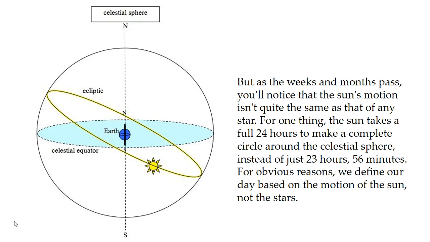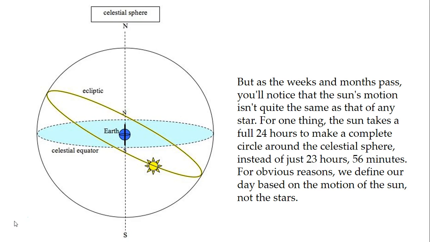One thing that you have to know is that the sun takes a full 24 hours to make a complete circle around the celestial sphere, instead of the 23 hours and 56 minutes to revolve 360 degrees. So that's what we're going to try to explain, and you're going to see coming up how we explain the differences in those two times.